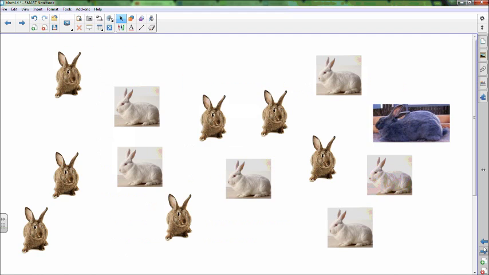For example, in our rabbits, if we have the next generation of rabbits and they all grow up and suddenly we have a blue rabbit, that's obviously going to change the percentage of alleles out there, because now we have a whole new allele. We've got this blue thing that's shown up. It doesn't have anything to do with brown being dominant and white being recessive. It's a completely different thing.